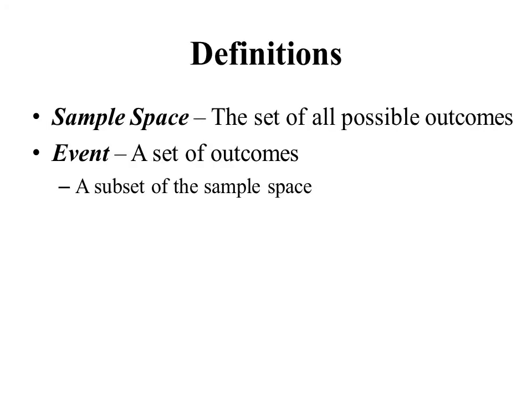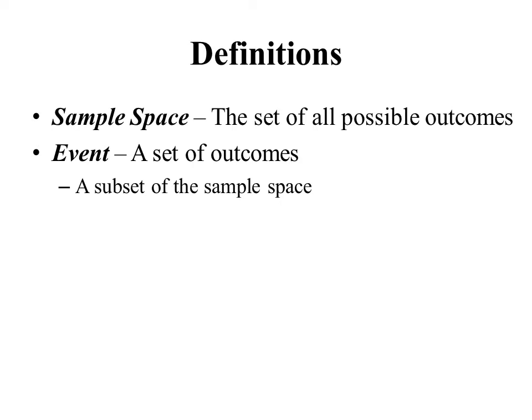First of all, our definitions. Here's a couple definitions that we've defined earlier on. The sample space is the set of all possible outcomes of some sort of random experiment. Remember, a random experiment is something where we don't know what's going to happen until we actually do it. An outcome is the result of a random experiment.